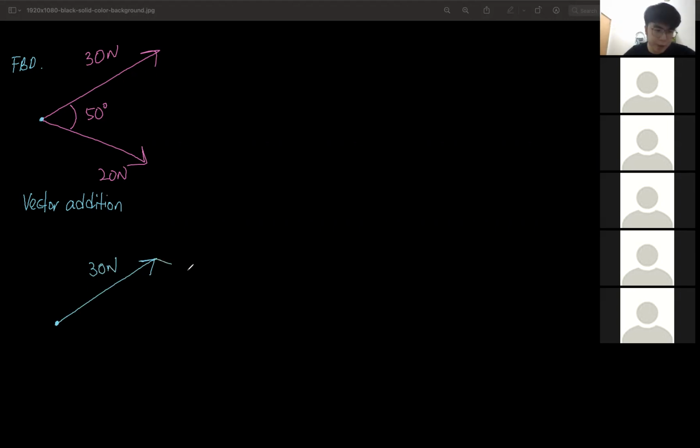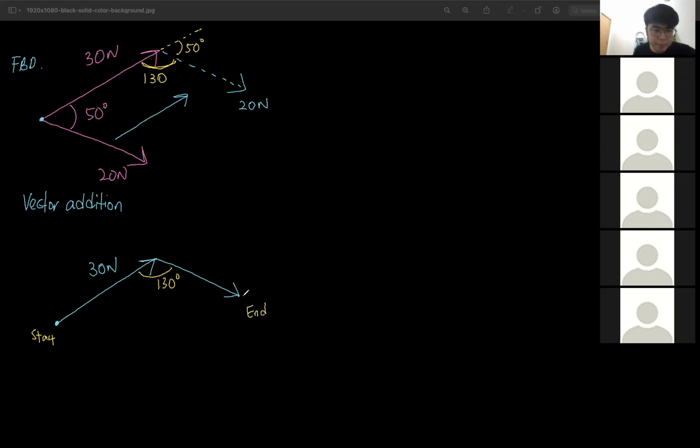OK, 所以20这样子, 你可以 imagine 你把这个20推去这边. 这个是你的20, 所以你的 angle 这里是130, 因为如果我 extend, 这里是50, 然后这里是130.